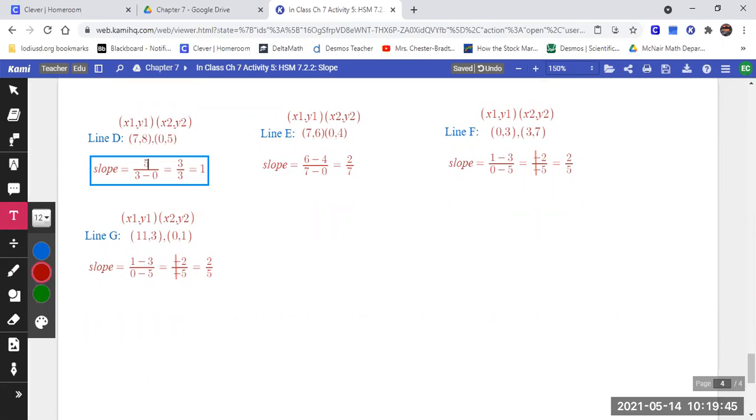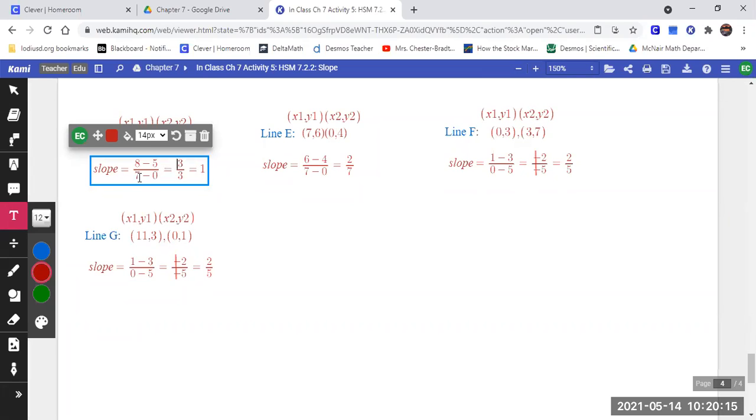8 minus 5. Okay, what's the bottom level going to say then? Someone else other than Moses be answering, please. 7 minus 0.